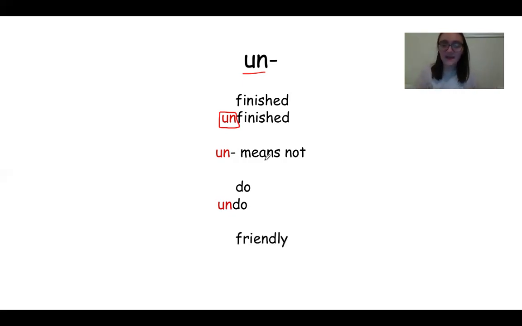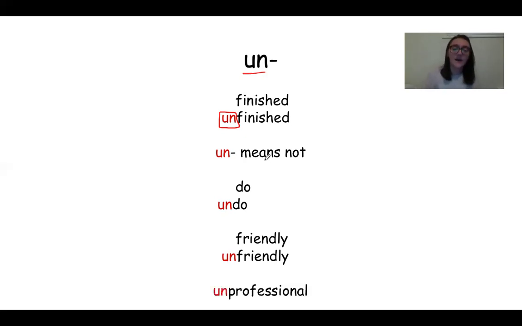So there's that. Then there's friendly. You can say unfriendly, right? So when you say somebody is unfriendly, it means that they are not friendly. Or this word, unprofessional. The word professional means that you are polite, you know how to act at work, you know how to talk to people at work.